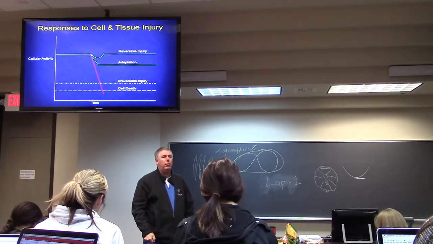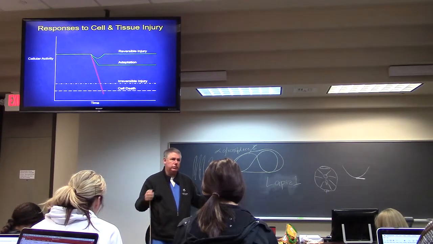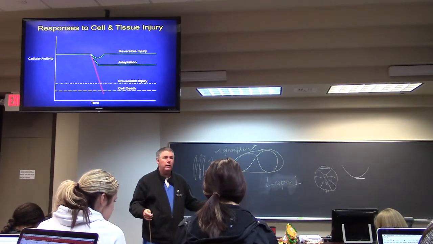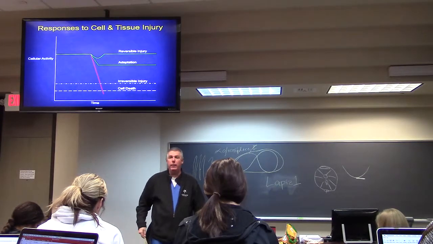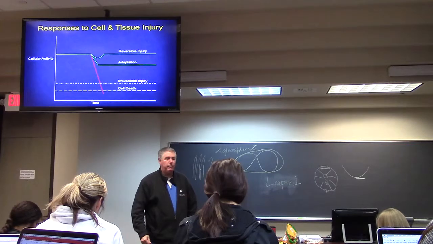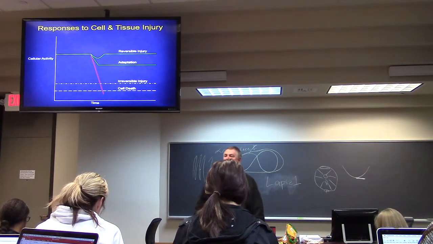Adaptation, we'll talk about later on, is when there's a change in the milieu and your cells have to adjust to it and function accordingly. Once you dip below that irreversible line, though, that's the point of no return, you're going to have cell death.